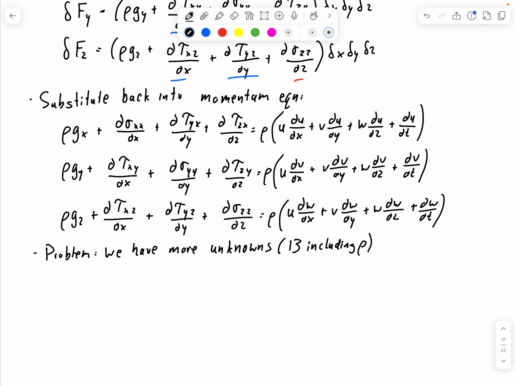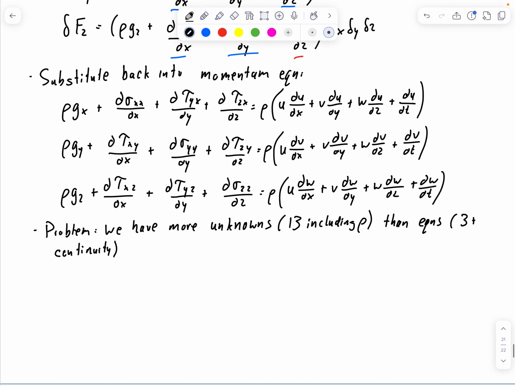So we have 13 unknowns, and we only have 3 equations here. And if you count continuity, then we have 4. We have to somehow have more equations or relate these terms to other terms in order to try to solve this.